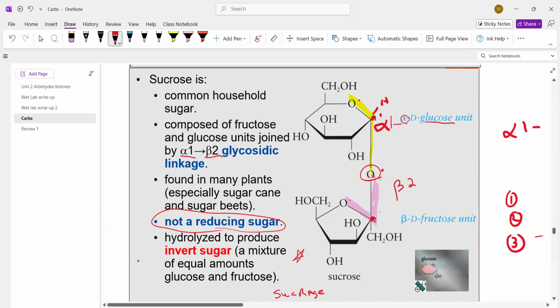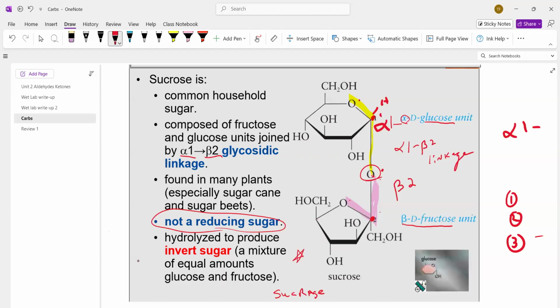Down here, the OH group is going up, so it is a beta fructose. So the linkage is going to be an alpha 1 beta 2 linkage. If we're going to call this sucrose, it's got to have the alpha 1 beta 2 linkage only. If it's any other kind of linkage, it's not sucrose, it's something else.